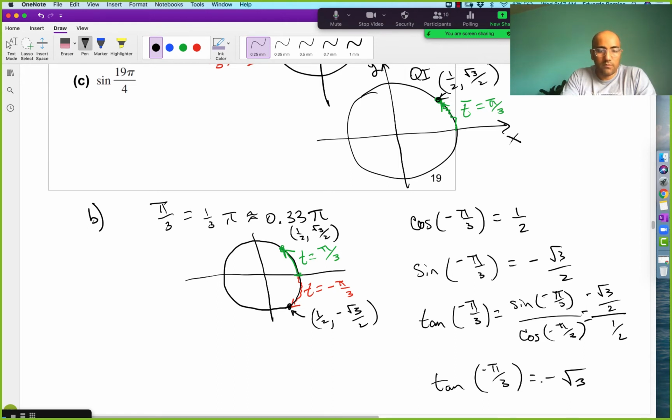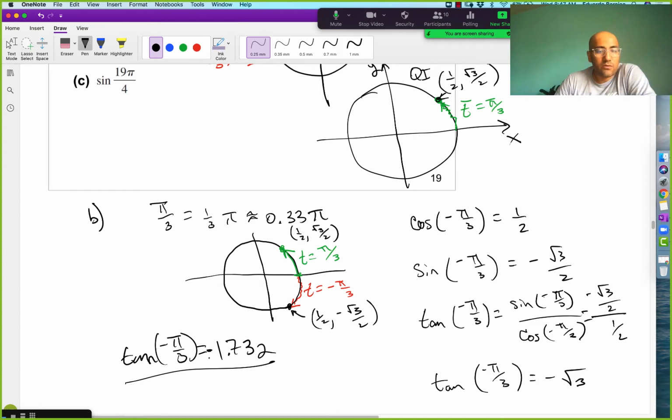Root 3 is 1.7. If someone just gives me tangent of negative pi over 3 equals negative 1.732 and leaves it at that, then I have to assume you just used technology to find this, and you didn't really use the tools or the reasoning from chapter 5.